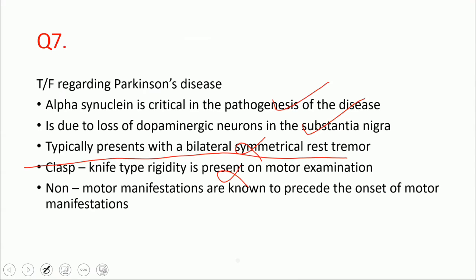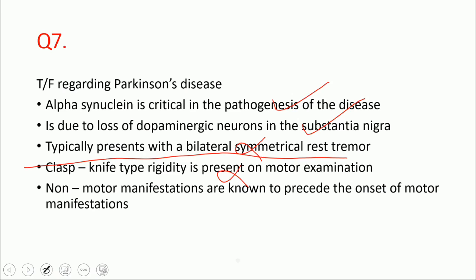And sometimes you can feel this lead pipe rigidity superimposed with the tremor, which is cogwheel rigidity. Then they have bradykinesia or akinesia, where there is a paucity of movement, slowness of movement. And finally, postural instability.